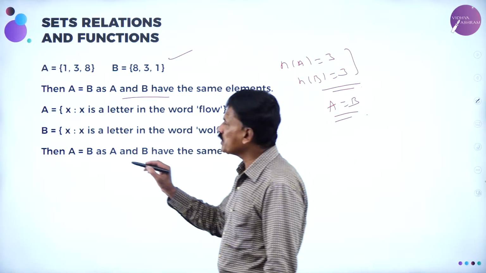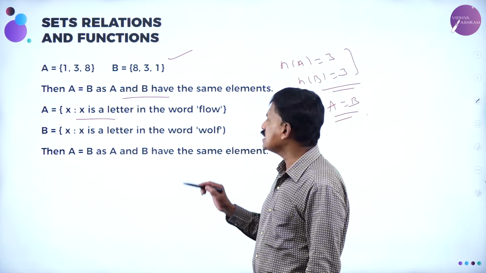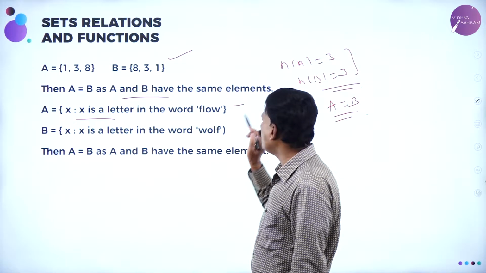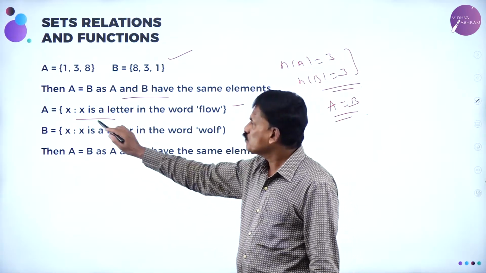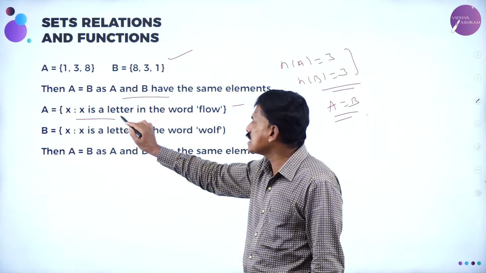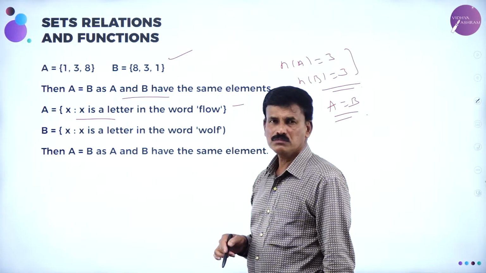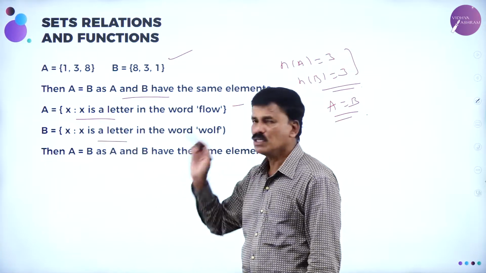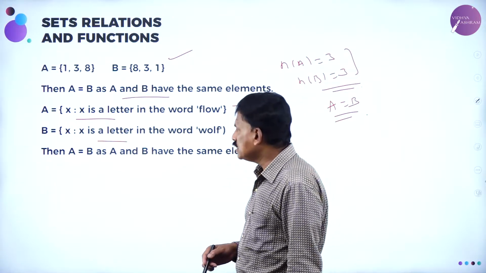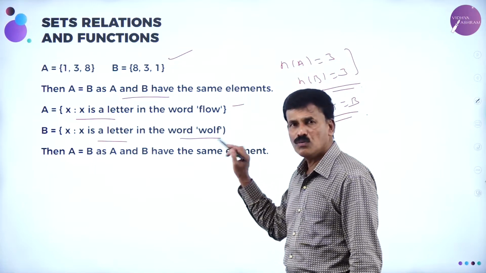Now, let us take one more example. If A is equal to {x such that x is a letter in the word FLOW}, and another set B is equal to {x such that x is a letter in the word WOLF}.